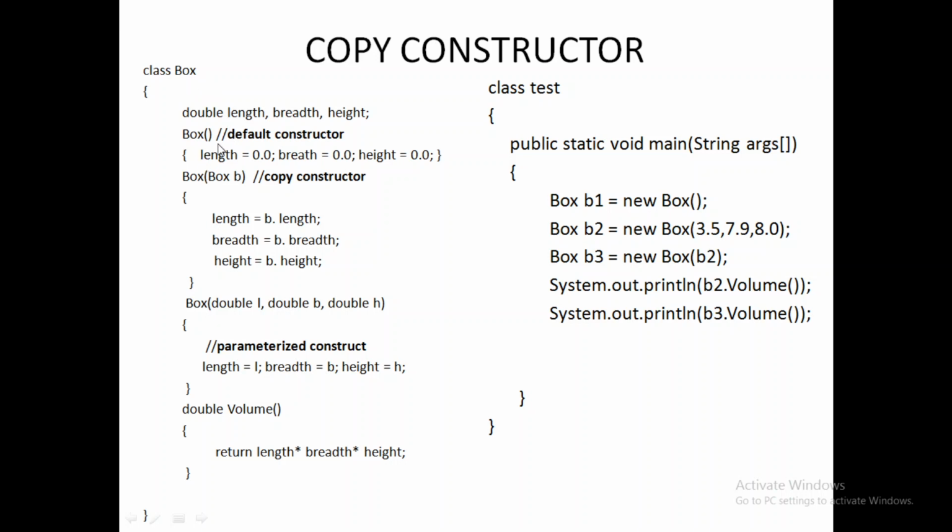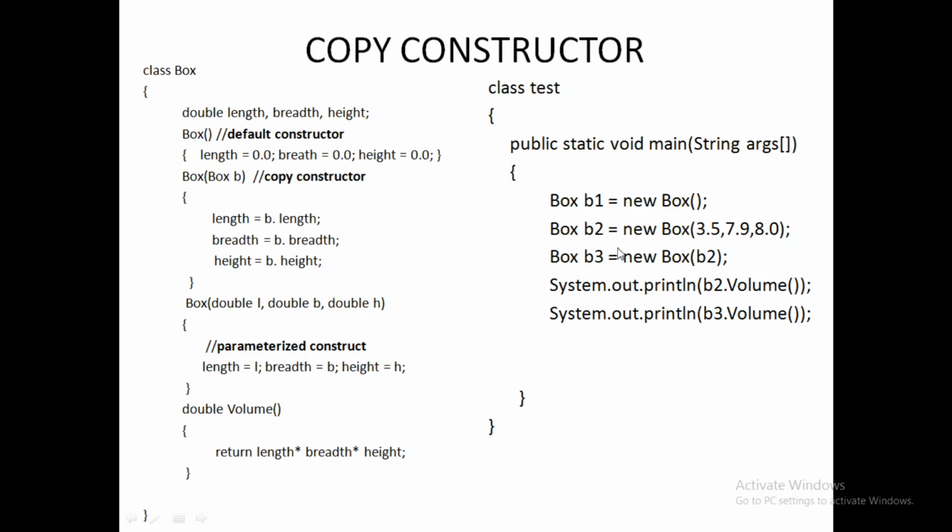This one, obviously, as it is not accepting any values or does not have any parameters, is a default constructor. This one is a parameterized constructor. This one is also a parameterized constructor, but its parameter is an object reference of the same class.